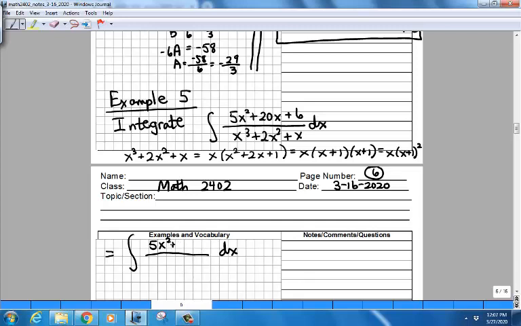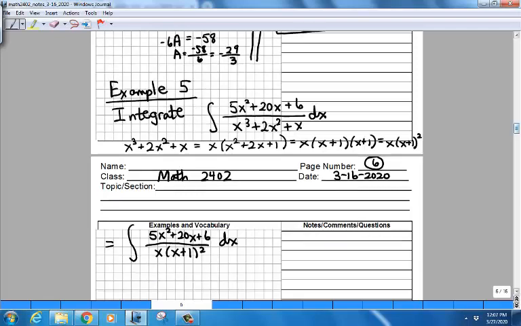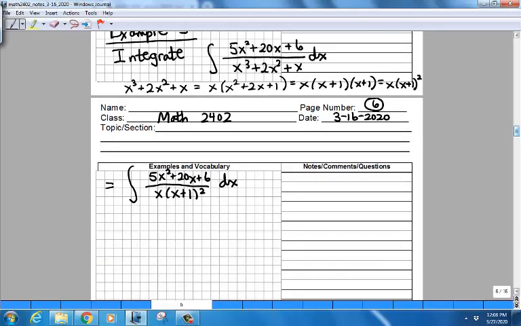Okay, so let me rewrite the problem now with our factored denominator, which is x times x plus 1 squared. You remember what our scheme is in integrating with partial fractions.